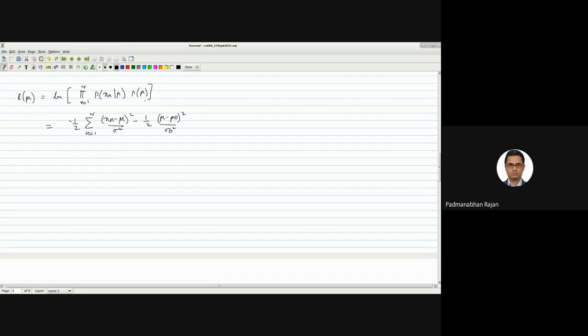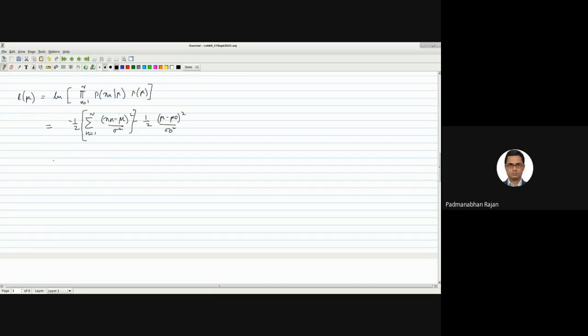We have only one mu, which is distributed according to mu naught, sigma naught square. So the summation is only for the first term.